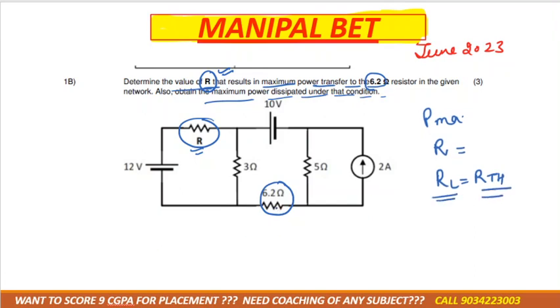So now in this question, can you tell me which one is RL? This R or this 6.2?